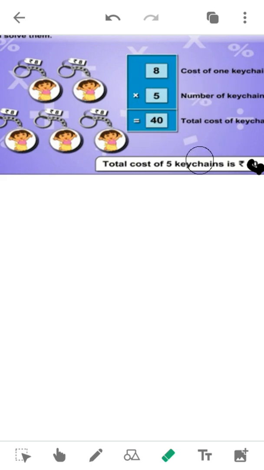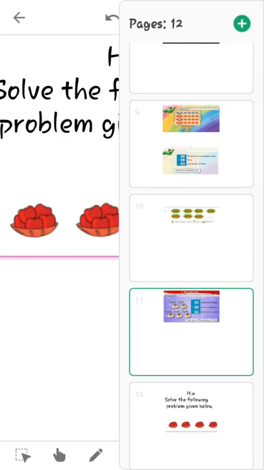So the total cost of the kitchens is 40. Write down. Solve this example in your notebook too. Okay, next is your homework.